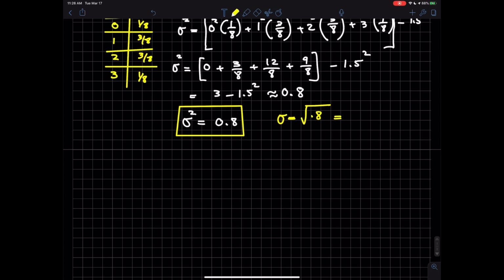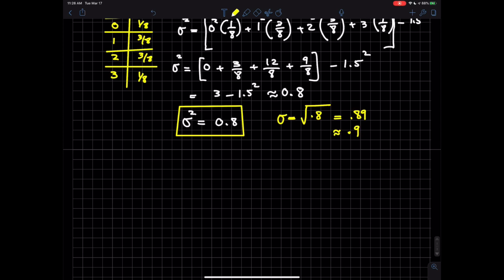Now, if you do the square root of 0.8 on your calculator and round it to 2 decimal places, this will turn out to be 0.89, which is pretty close to the variance numerically, but that's what it is. And if I round it to 1 decimal place, it'll just be 0.9.